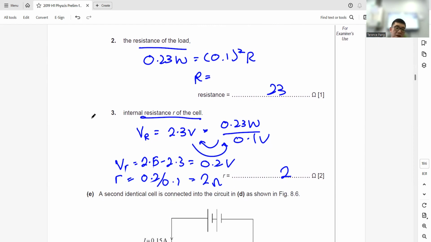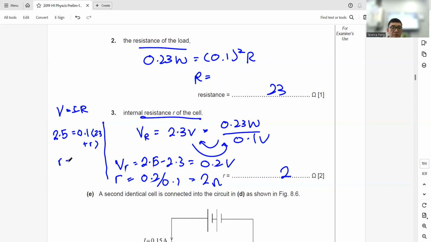Another way that you can find it, alternatively, you are given a total EMF of 2.5. V equals IR. Total EMF is 2.5, total current is 0.1. So you bring out a bracket: the other R is 23 plus the small r.